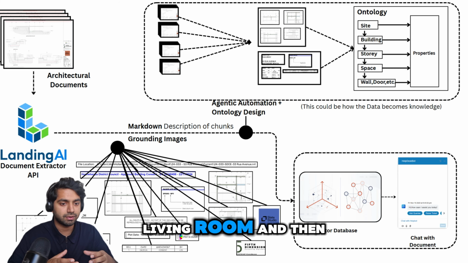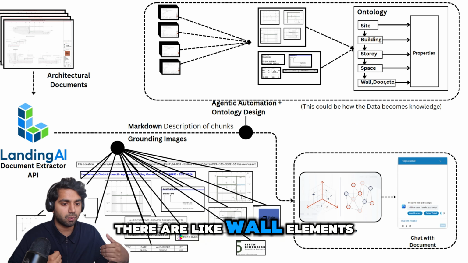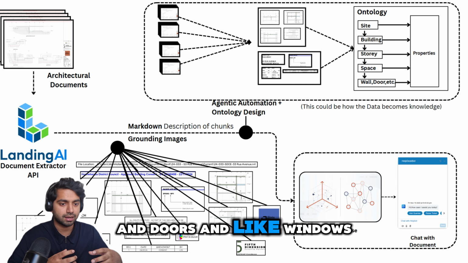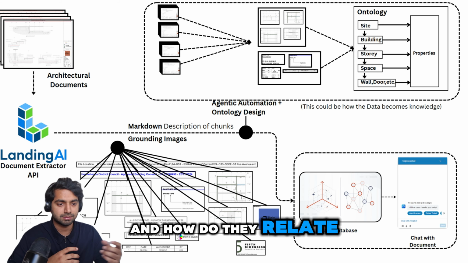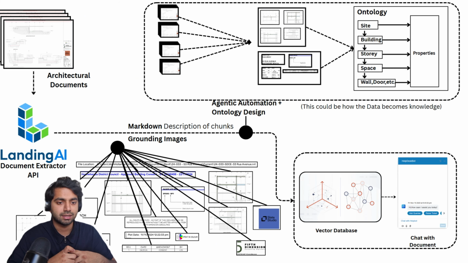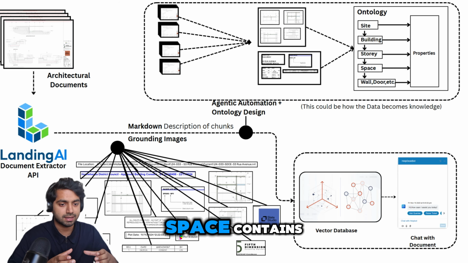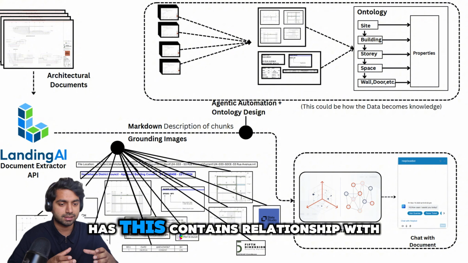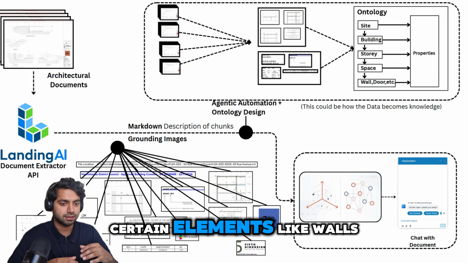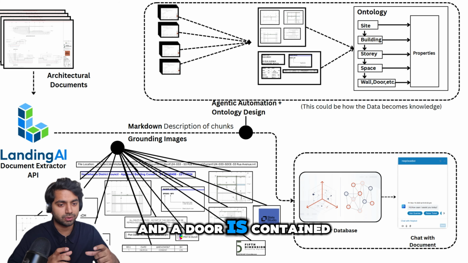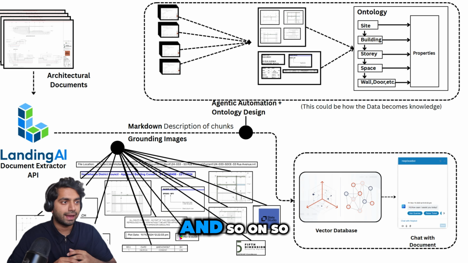Let's say you have a living room, and there are wall elements and doors and windows, which could be considered elements, and how do they relate to each other. You could say a space has a contains relationship with certain elements like walls, and a door is contained within this wall, and so on.